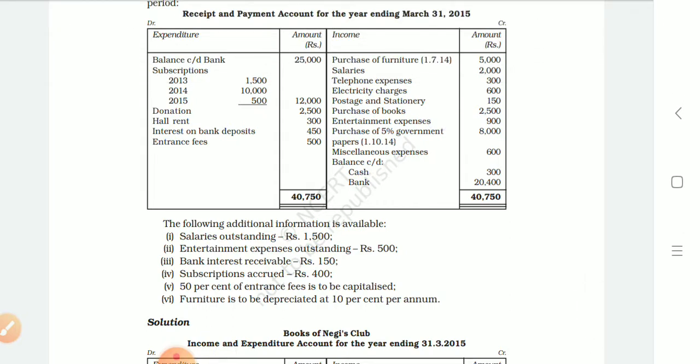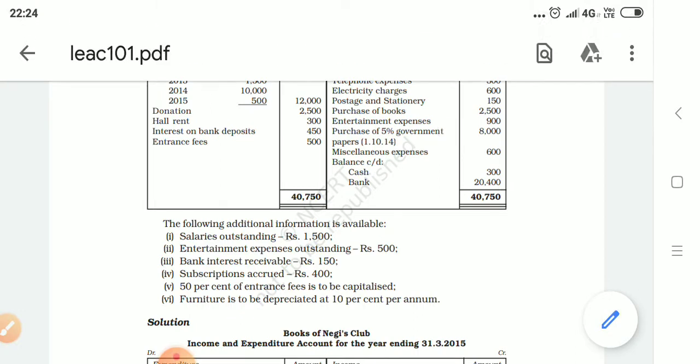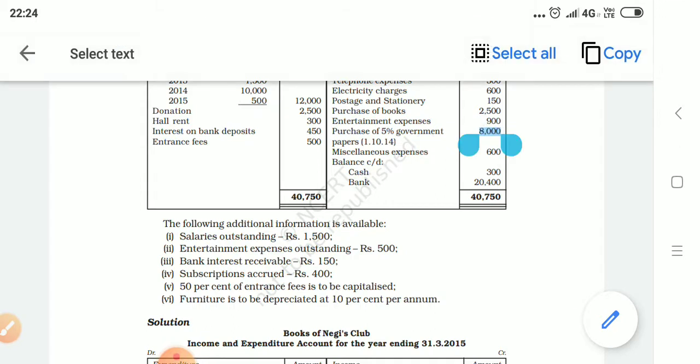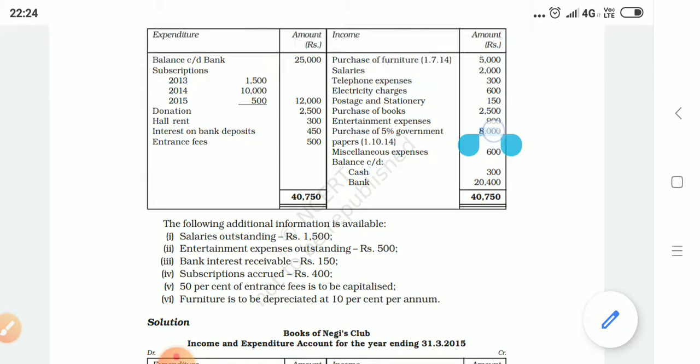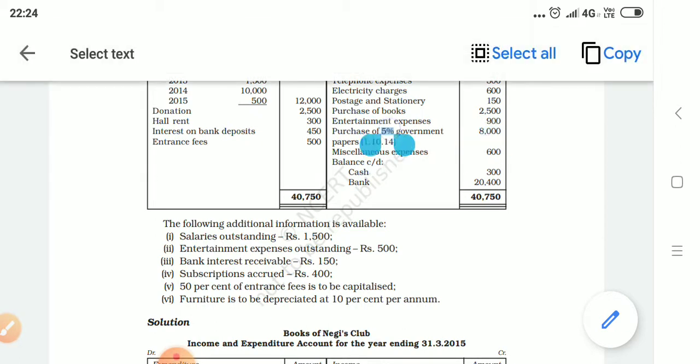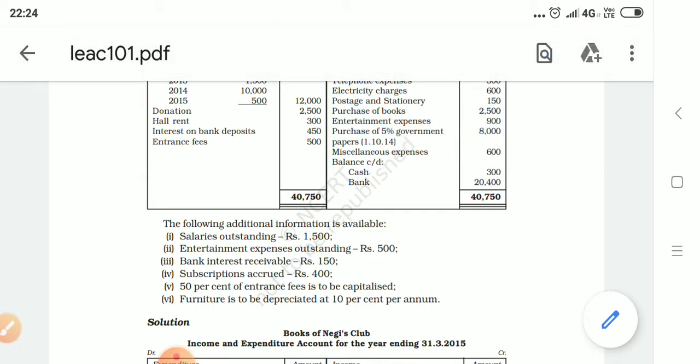Then purchase of 5% government papers. Government paper is not newspaper, it is government bonds. It is an investment. So when you purchase an investment, 8,000 will appear in the asset side of the balance sheet. However, you have to calculate interest on this investment, that is 8,000. So 8,000 into 5 by 100 into, it was purchased in October.